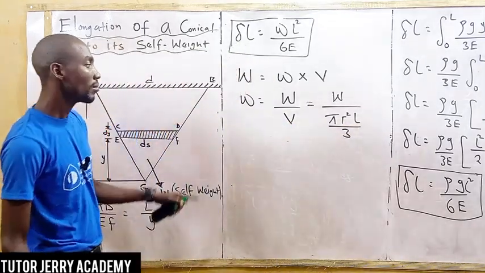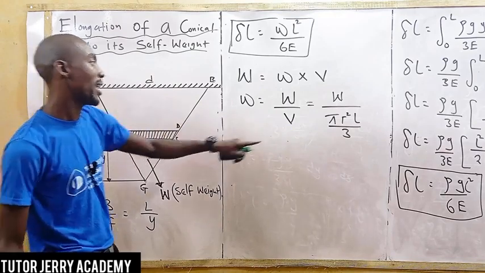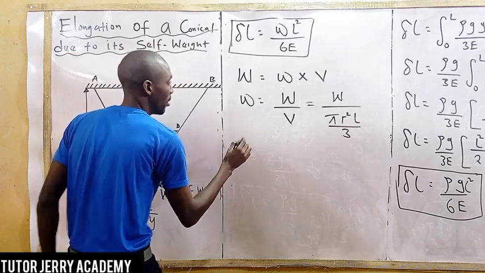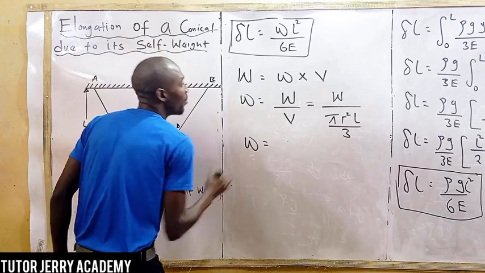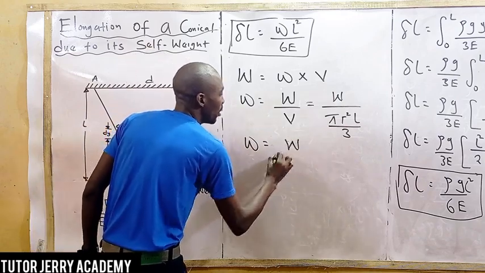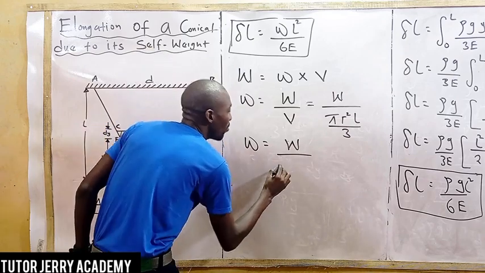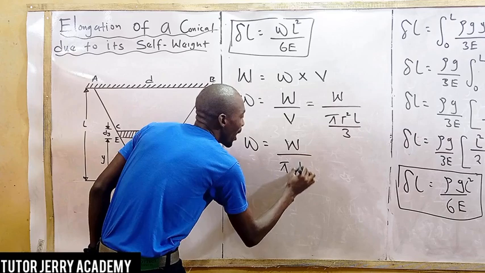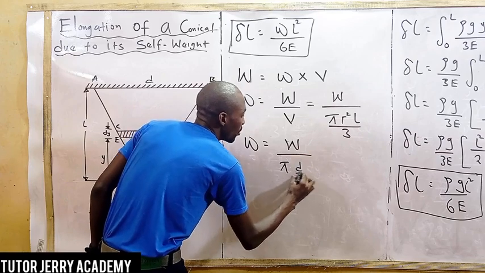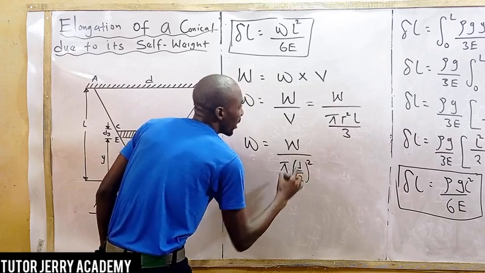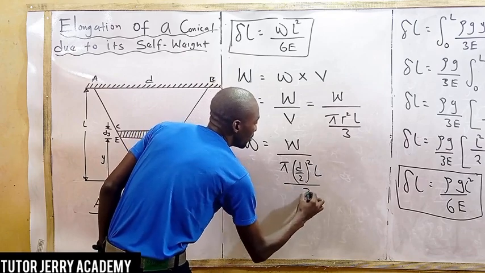So omega will be equal to W all over pi, then D all over 2, all square, then we have L, everything over 3.